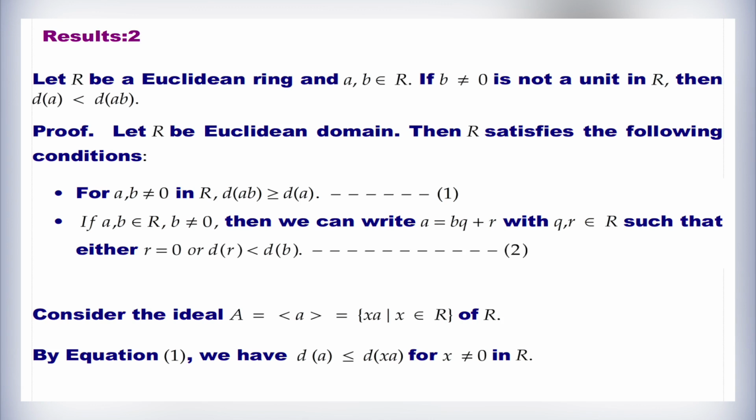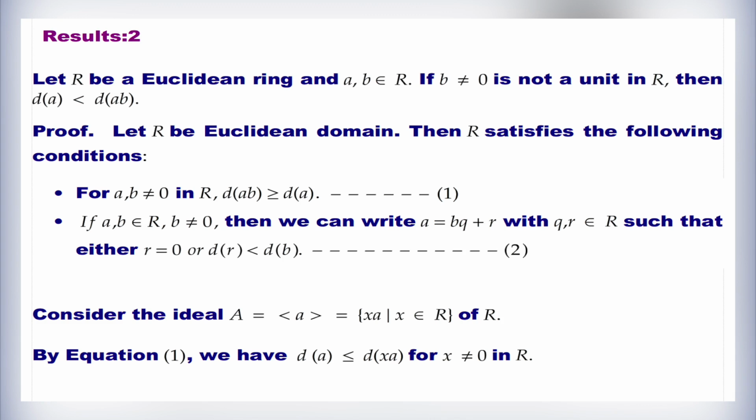If A and B are in R and B is not equal to 0, we can write A = BQ + R with Q and R in R, such that either R = 0 or d(R) < d(B), which we take as equation number 2.